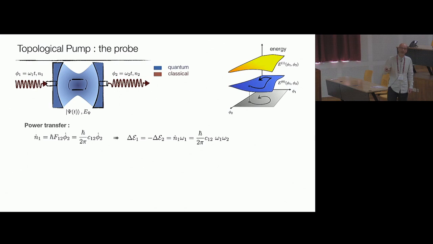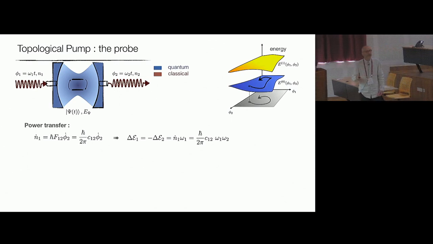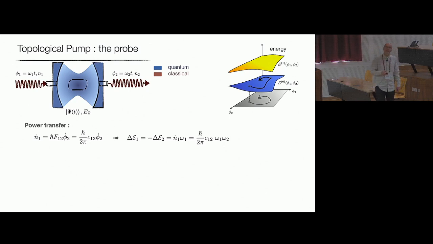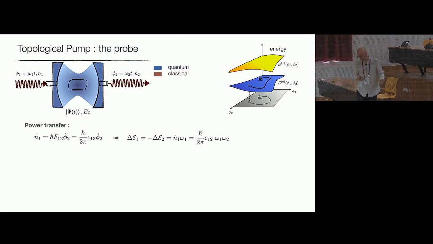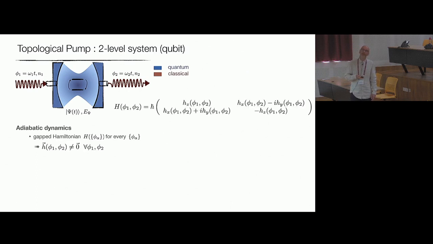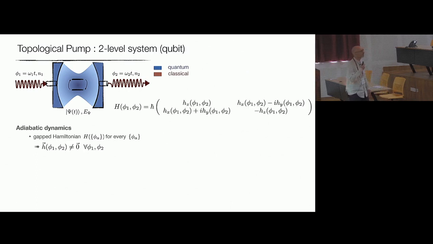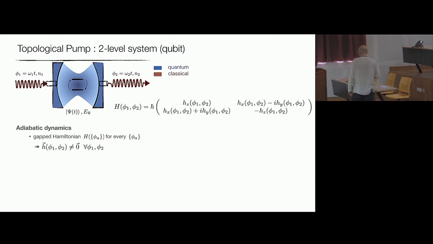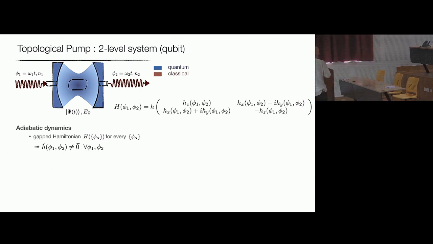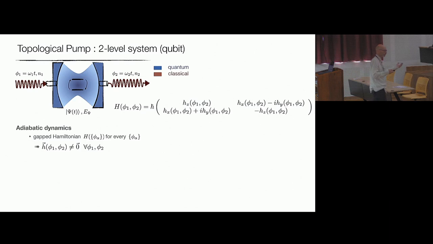So what we're going to get is a power transfer from one mode to the other, which is quantized in terms of a Chern number. So the goal is to realize a power transfer between these cavities, which should be quantized in some limit. How can you realize it? As I said, the simplest system you can think about is one of these qubit 2-level systems, so a spin.